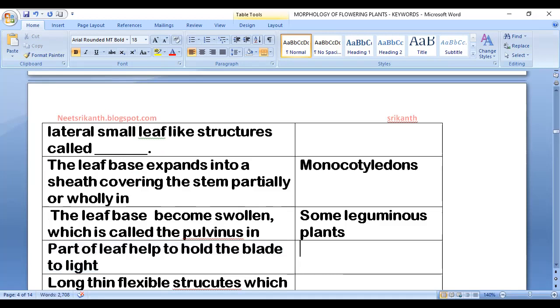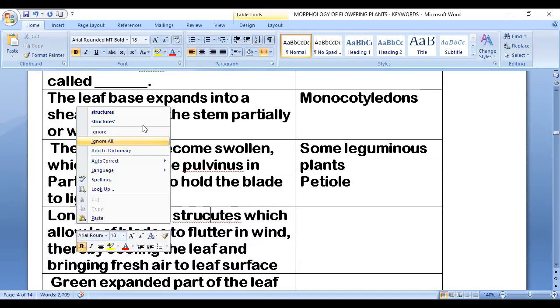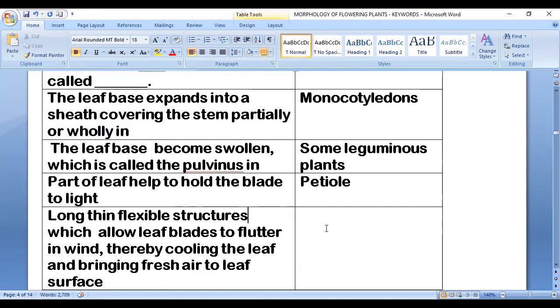Which part of a leaf helps to hold the blade to light? The petiole. Long, thin, flexible petioles allow leaf blades to flutter in wind, thereby cooling the leaf and bringing fresh air to the leaf surface.